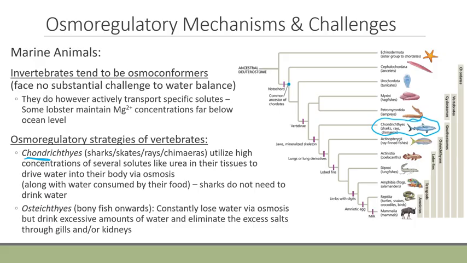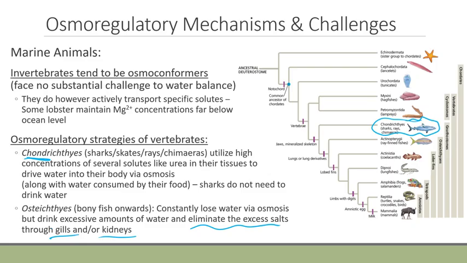So constantly drink, and then make sure you are eliminating a lot of those excess salts that you're building up, not just through their kidneys, which we'll talk a lot about, but they can also do this through their gills.